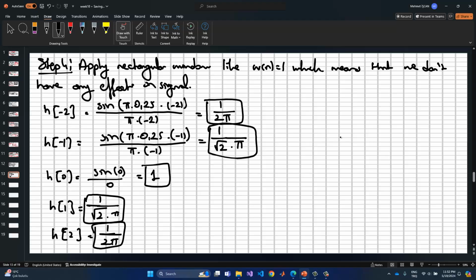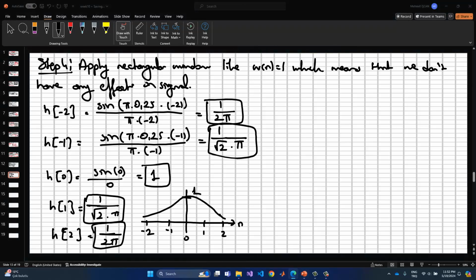So we have the indices minus 2, minus 1, 0, 1 and 2, and a rectangular, curve-like function based on our signals.